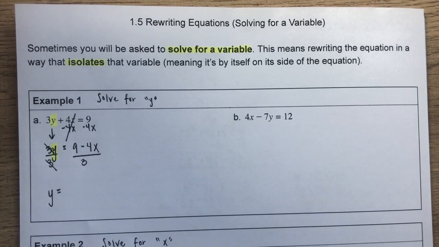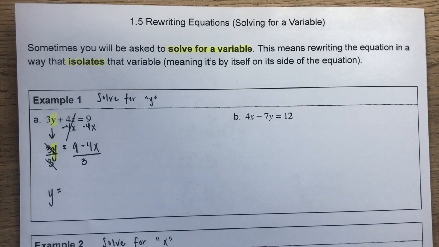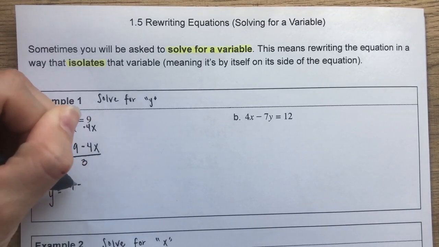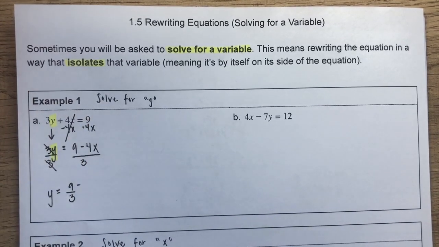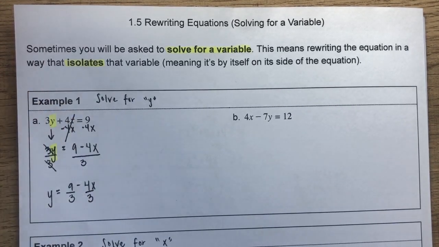I guess I can separate it into 2 different fractions if I want to, and sometimes you can reduce that way. So I can write this as 9 thirds minus 4x over 3.